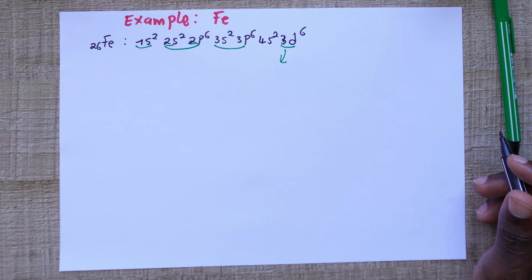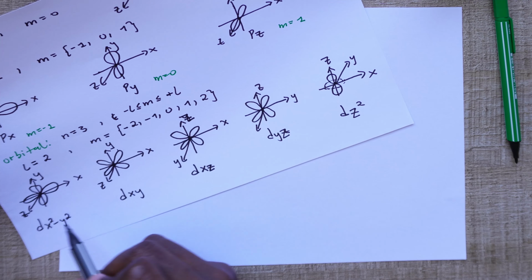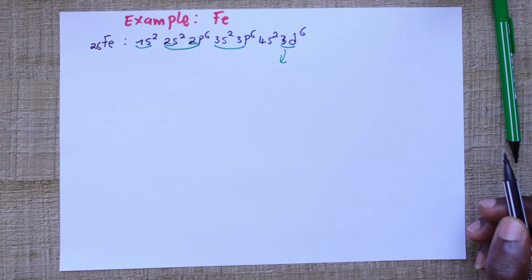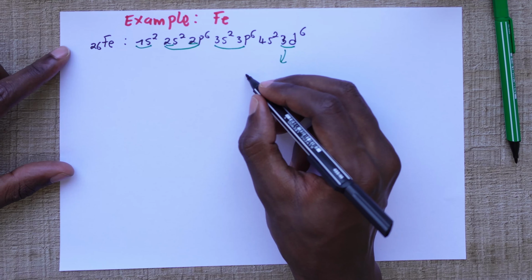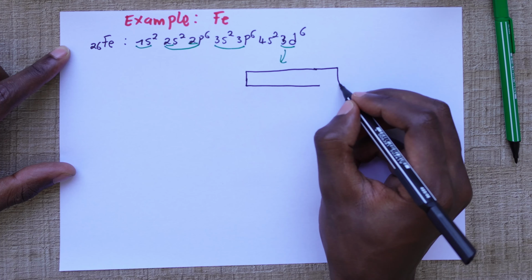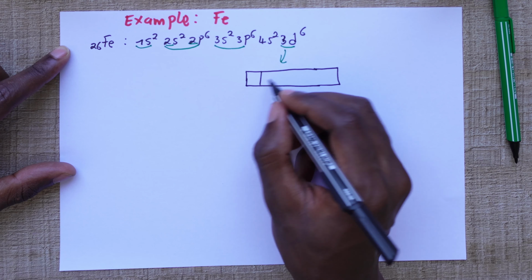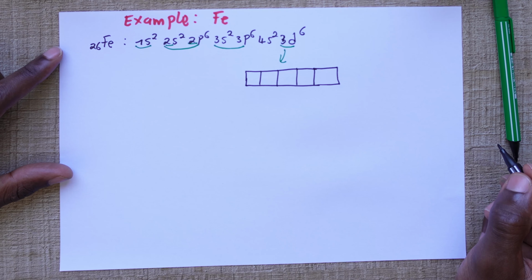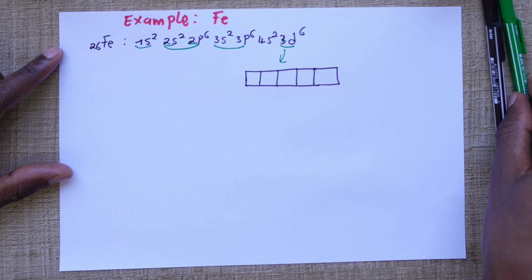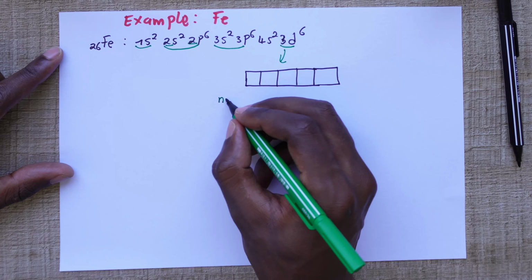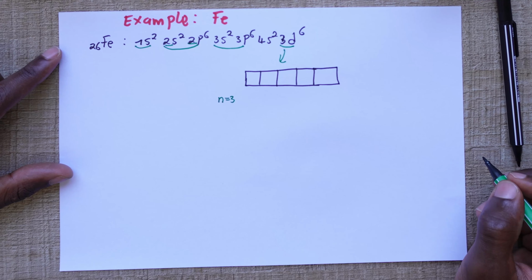As we mentioned earlier, the d subshell has 5 different orbitals, okay? So here, if we want to represent it using the electron in box notation, we need 5 boxes. So 1, 2, 3, 4, and 5. In this case, all the electrons that belong to the subshell have principal quantum number n equals to 3.